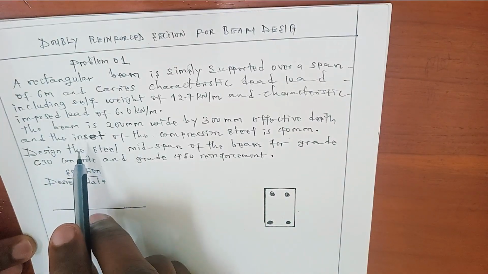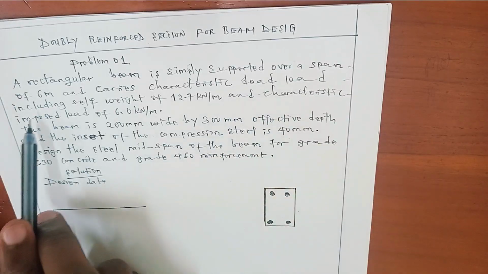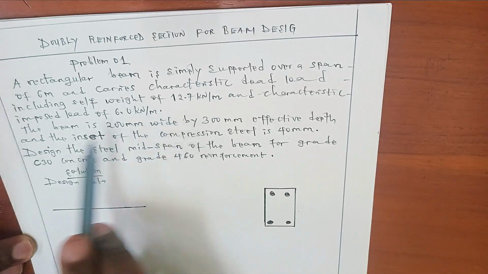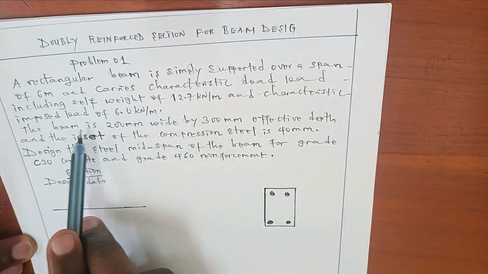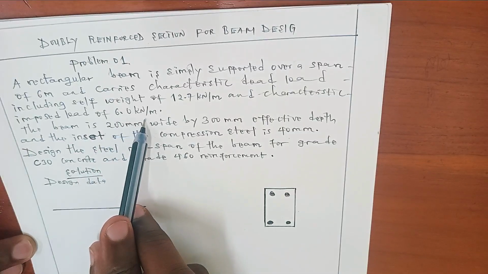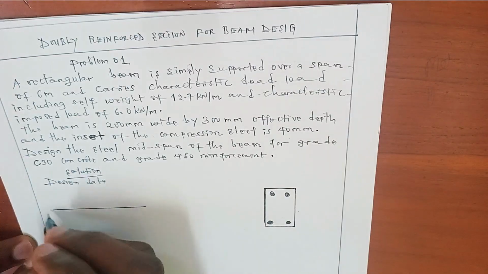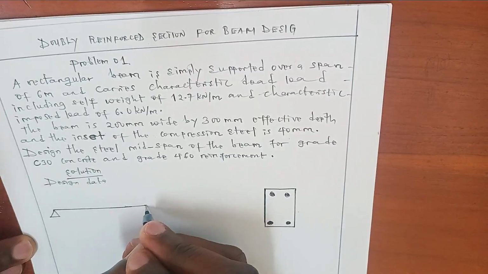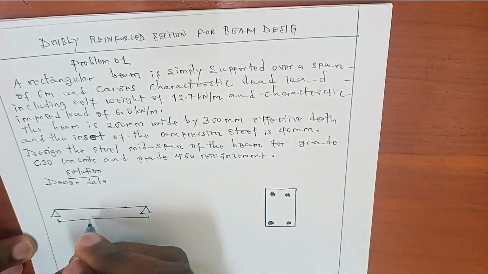Okay, now let's see our problem. A rectangular beam is simply supported over a span of 6 meters and carries a characteristic dead load, including self-weight, of 12.7 kN per meter and an imposed load of 6 kN per meter. Since the beam is simply supported, it has two supports with a span of 6 meters.